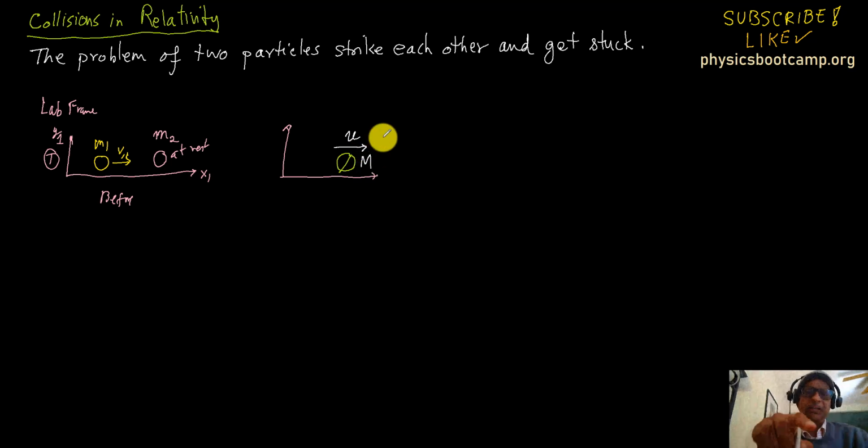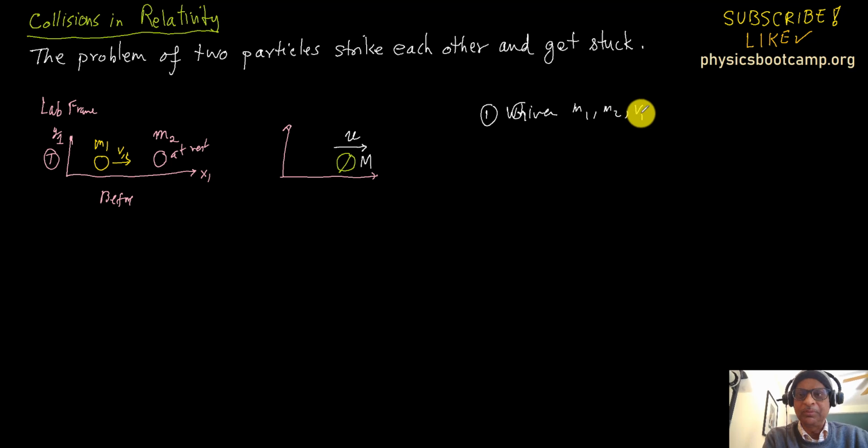So we want to address this both in a non-relativistic and a relativistic way, the standard way. The standard way is a couple of questions. The question would be, what is given: M1, M2, V1, kind of V11.